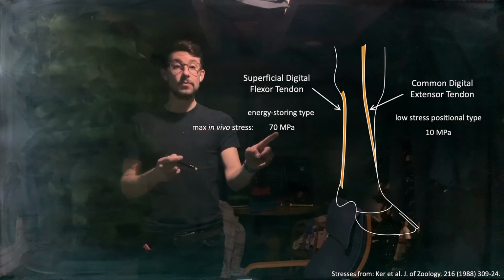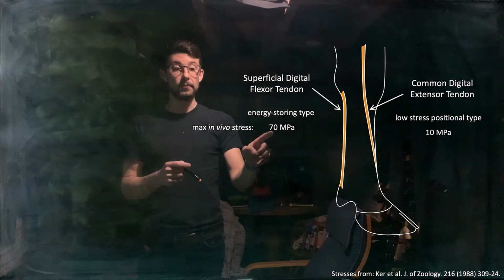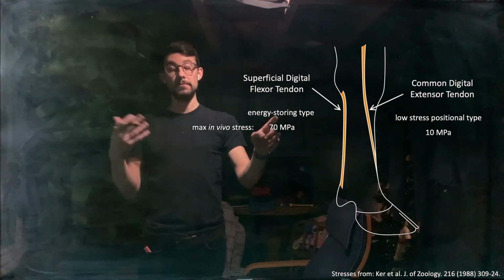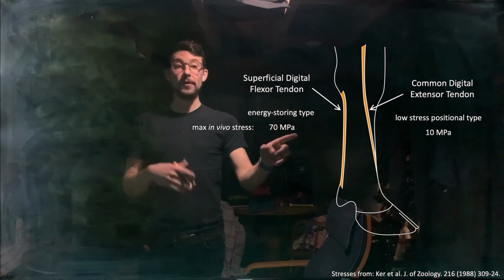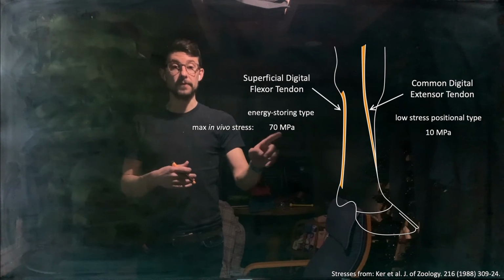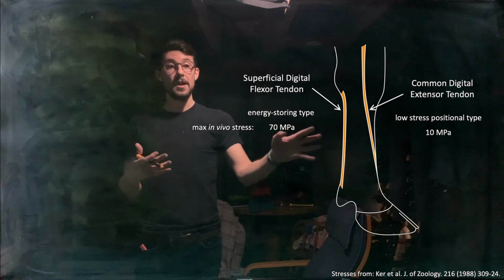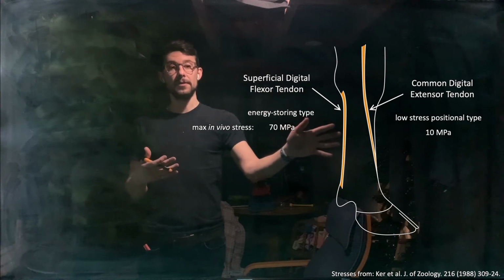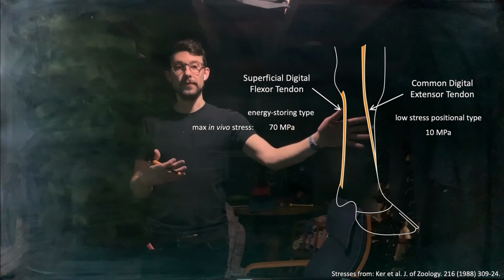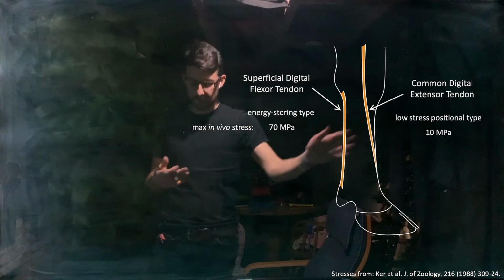That's indeed what we've found. We, meaning both myself and other people within the literature, have observed that the superficial digital flexor tendon has more intermolecular cross-linking between collagen molecules than the common digital extensor tendon.